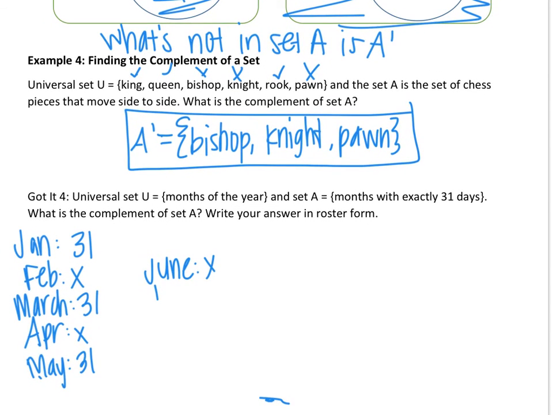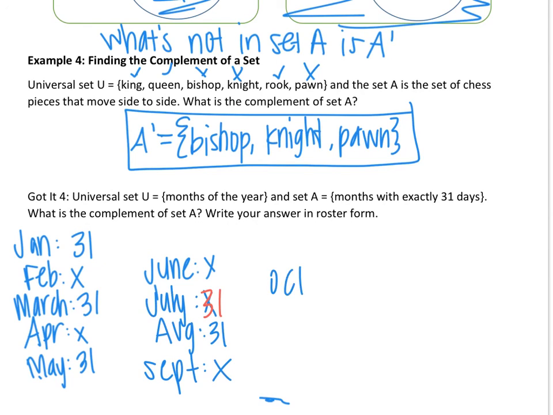July has 31 days. August has 31 days. September does not. October does. November does not. And December does. So I want you to write the set of all the months that don't have 31 days, and I'll give you the answer in just a second.